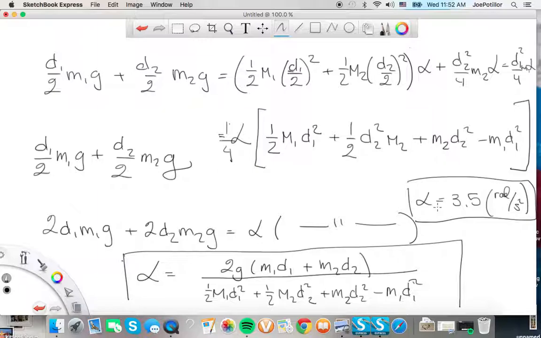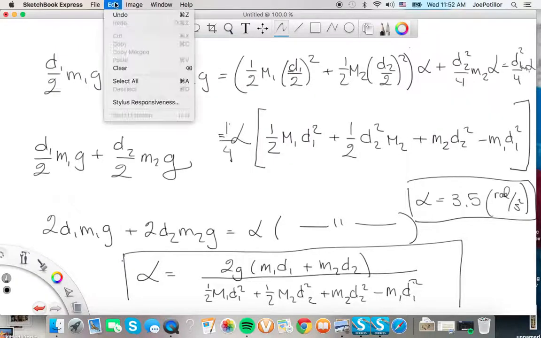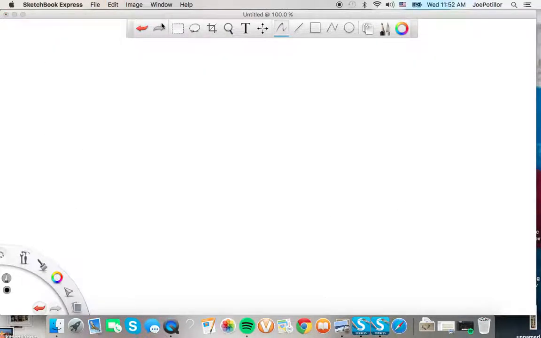So, recall, we have been talking a little bit about this moment of inertia concept, and this moment of inertia is the measurement of the resistance to rotation.